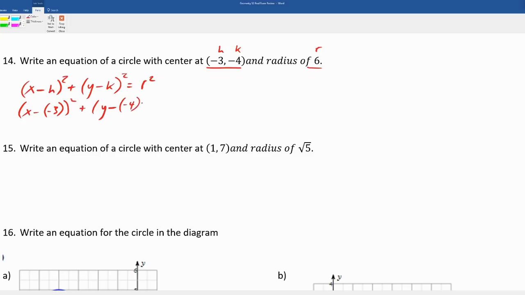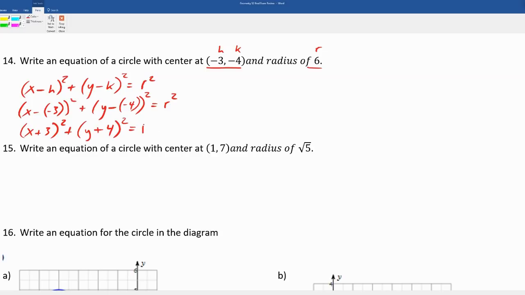Notice how I'm putting emphasis on the fact that we're substituting these integers into our formula, aka when I say integers, I say negatives. Negative of a negative, positive, right? And again, negative of a negative, positive.